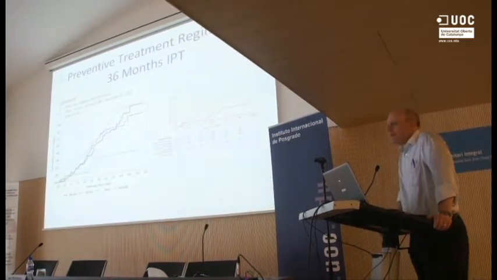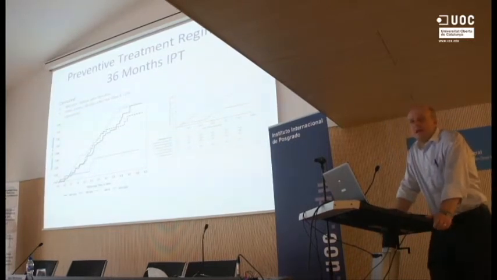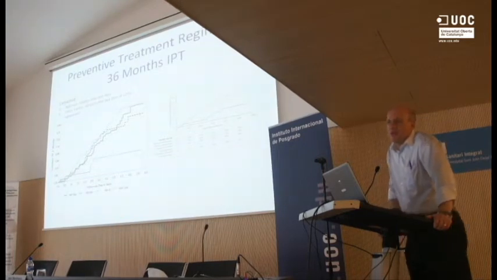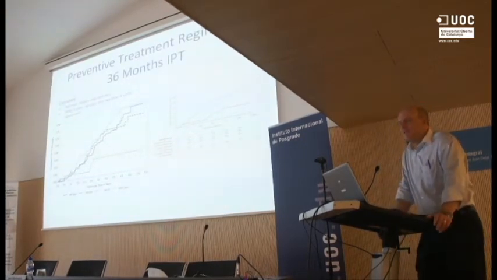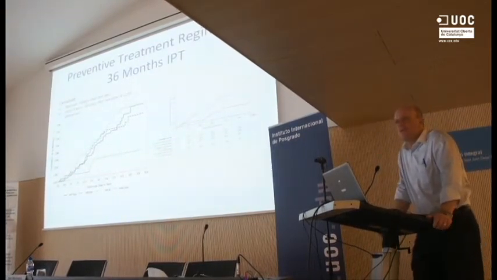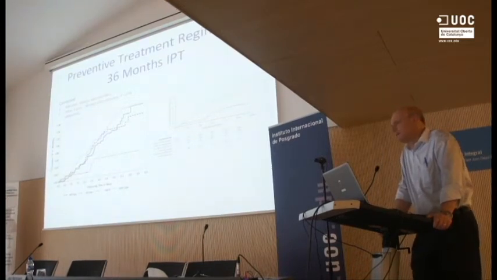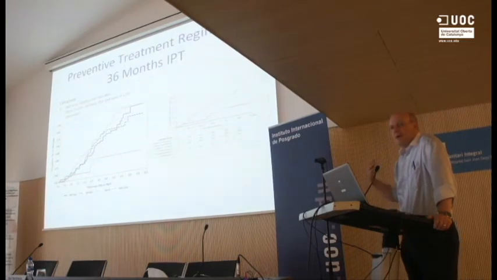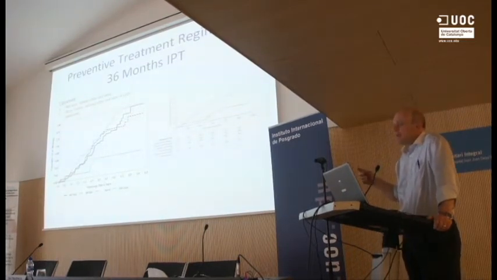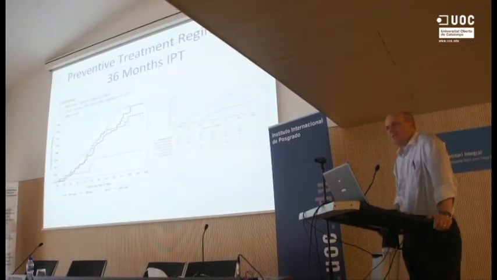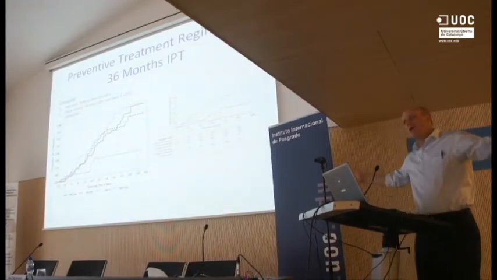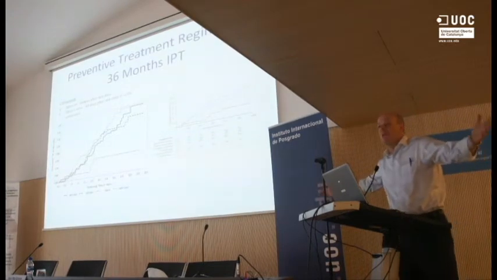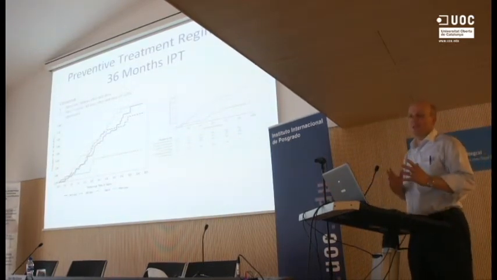So I guess the other thing one could do if you wanted to eradicate is to start providing preventive treatment regimens. A lot of interest has been given to giving preventive treatment to HIV-infected adults. Internationally the trend is to try and shorten TB treatment regimens. Paradoxically, in our setting, giving longer preventive treatment regimens is more beneficial than shorter regimens.